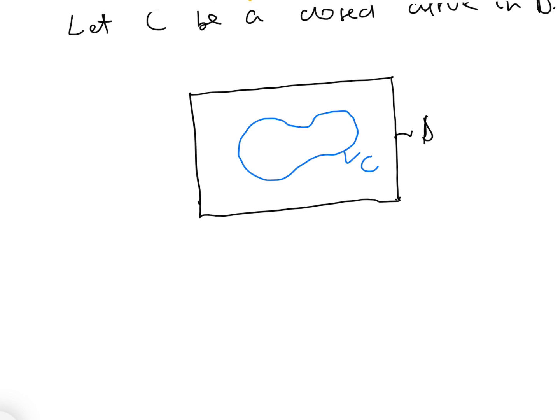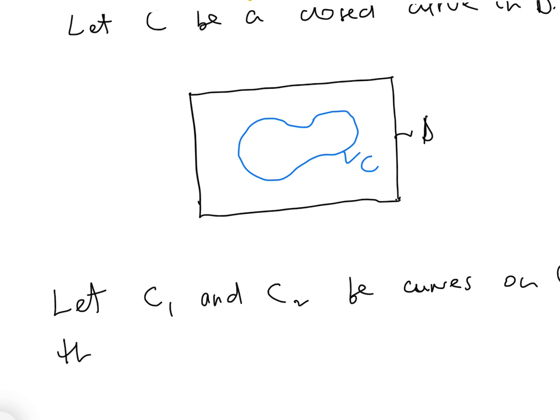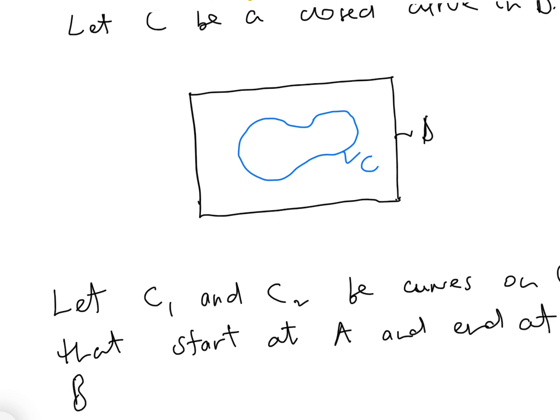Similar to what we did before in the forward implication, we let C1 and C2 be curves on C that start at A and end at B. Okay, so let's just draw this.